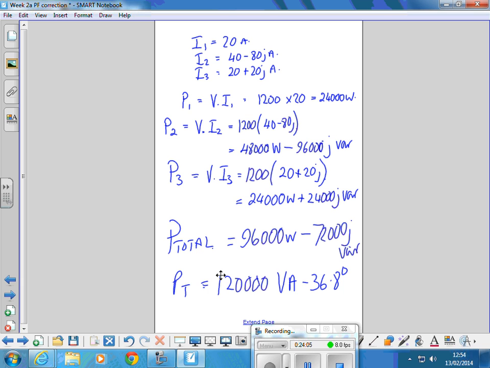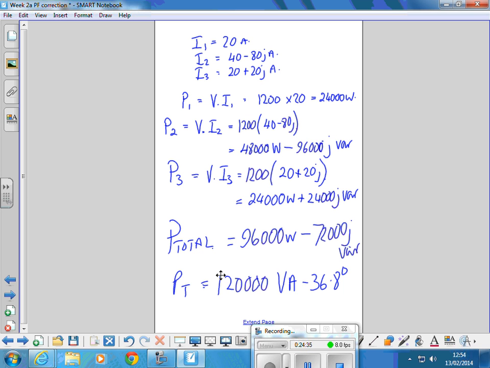And that's just a slightly different way towards the problem to what we looked at last week, where we've got the ohmic values of the real and imaginary part of each component. If you do the cos of that angle, that's the power factor.